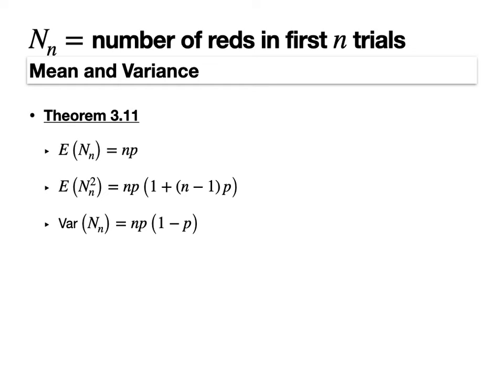Looking at those, the first bullet point, the expected value of N being little n times p, is actually quite sensible, right? If I told you that the probability of drawing a red ball is 46%, and I said, now let's draw 100 balls, how many would you expect to be red?